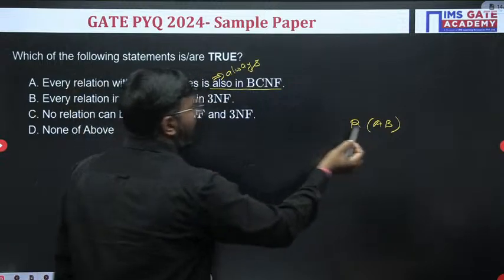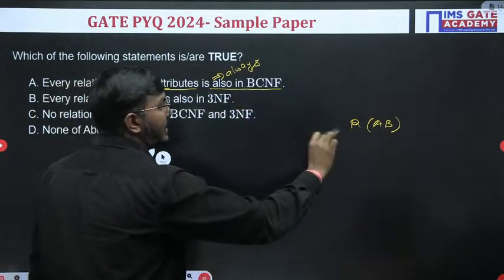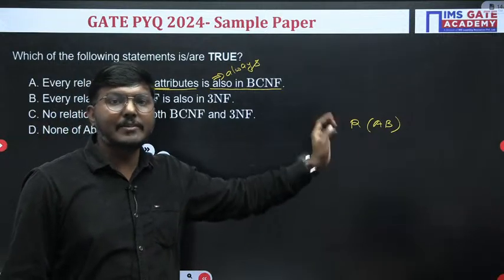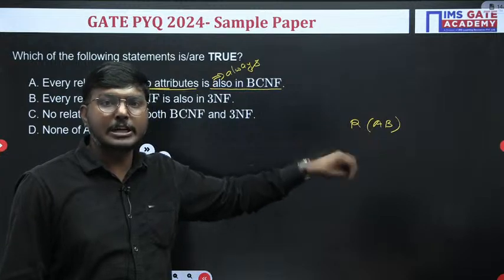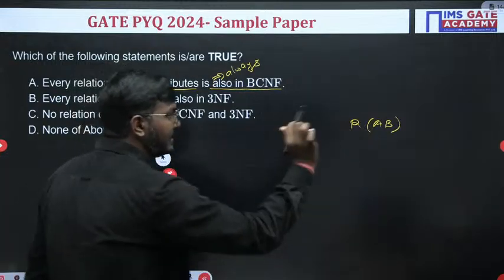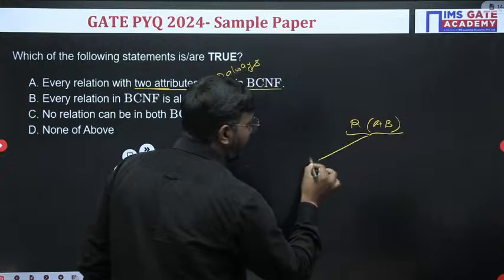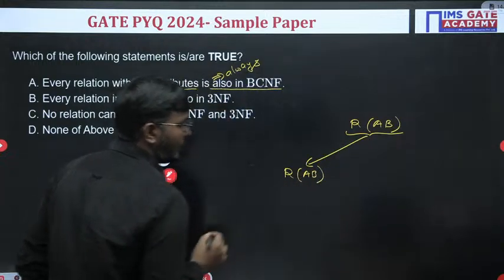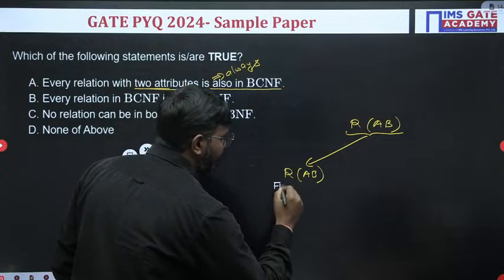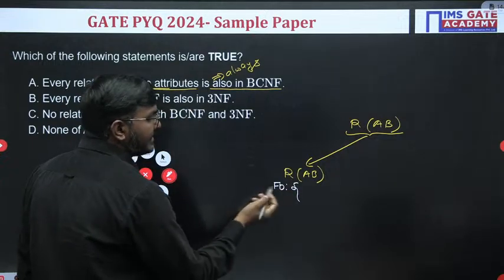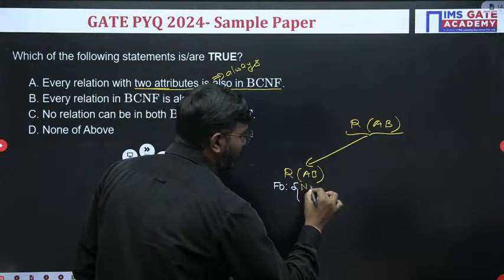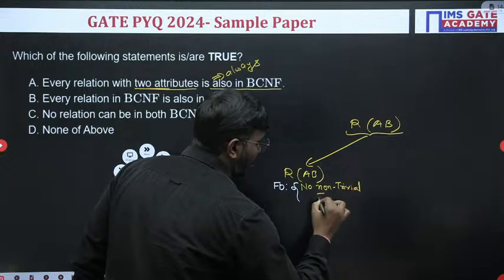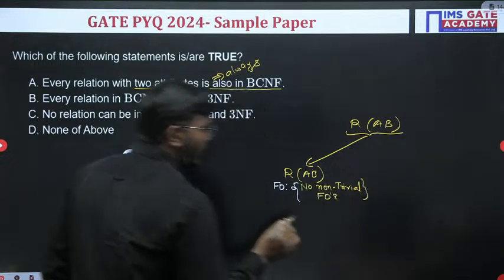Now to decide whether it is in BCNF or not, I need the functional dependencies, but here they are not given. So we will check all possible outcomes. One of the possibilities is R having A and B, and the FD set F contains no non-trivial FDs.